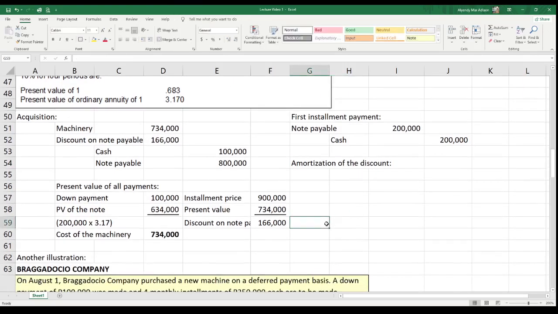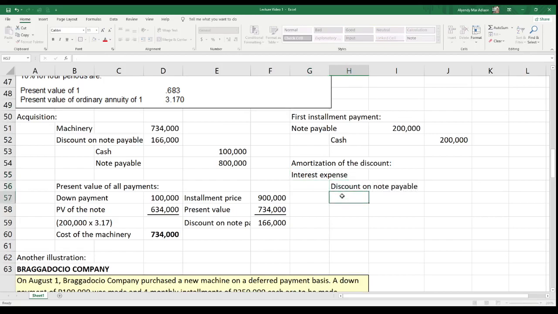Okay? So, how do we do it? We are going to make a table. Actually, for the first installment payment, there is no need for a table, since it is the first installment. So, just like this one, debit interest expense and credit discount on note payable.